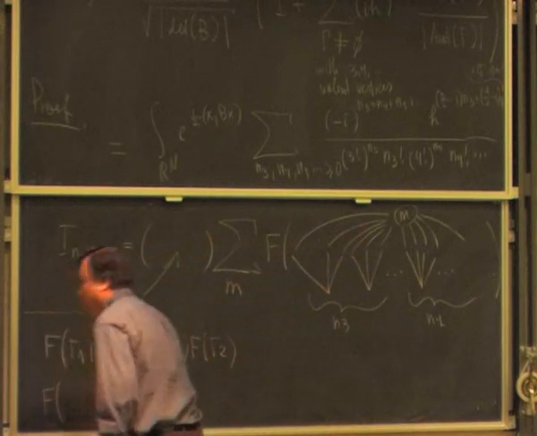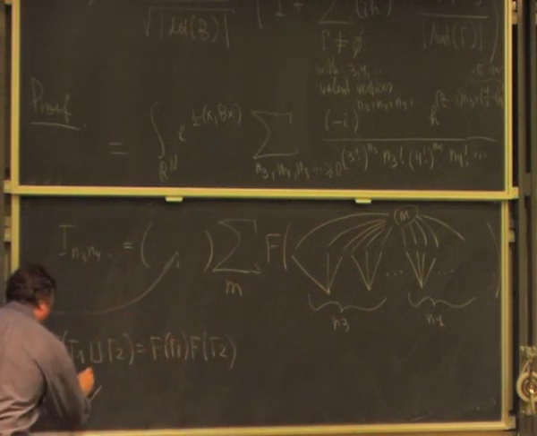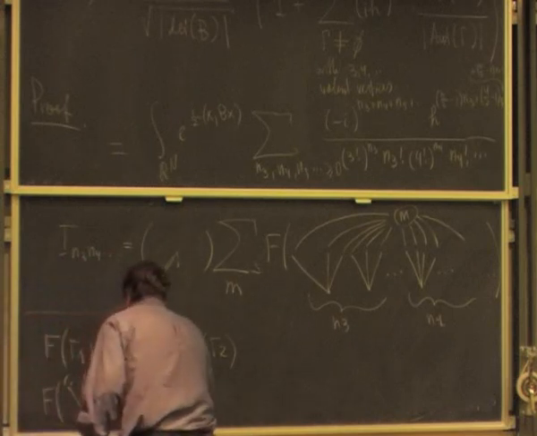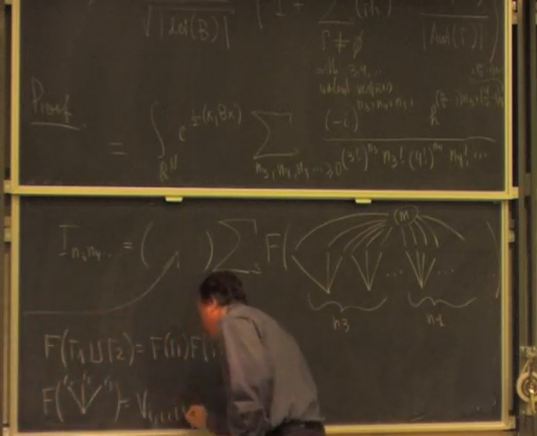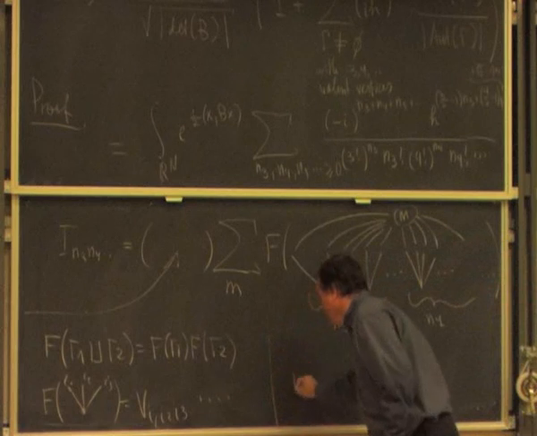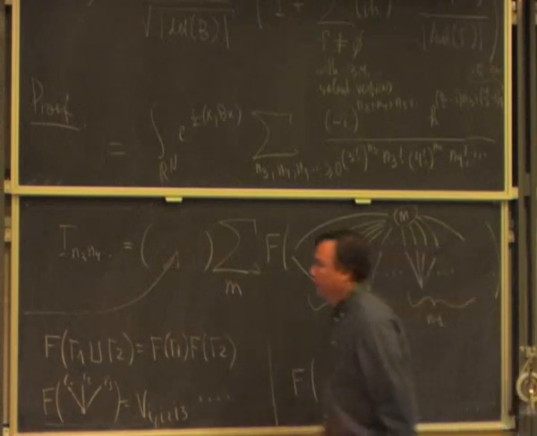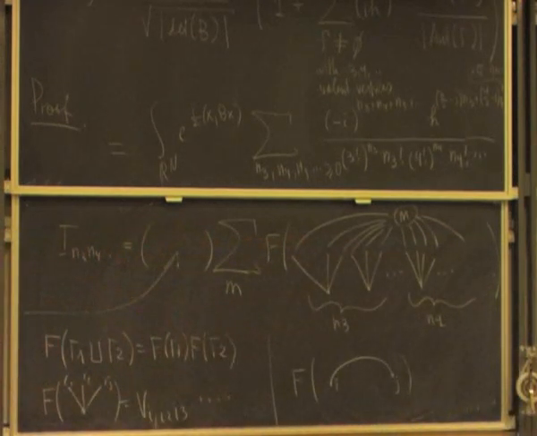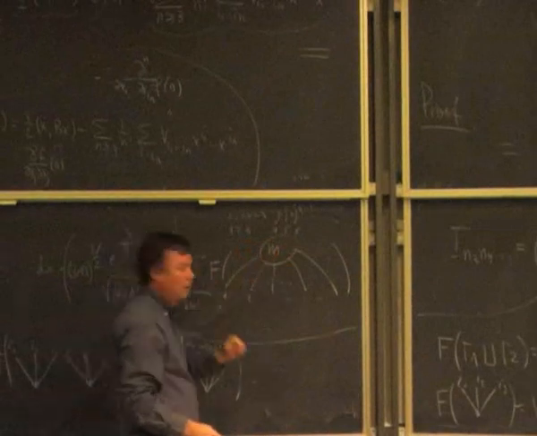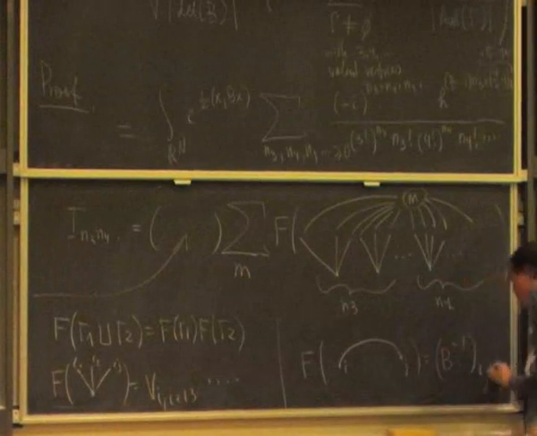And the rule is that F of the vertex with indices i1, i2, i3 is equal to v i1, i2, i3, and so on. If you have 4 edges coming out of the vertex, then you have 4 indices. And also the rule is that F of an arc at the top, a connecting arc, is equal to B inverse ij.